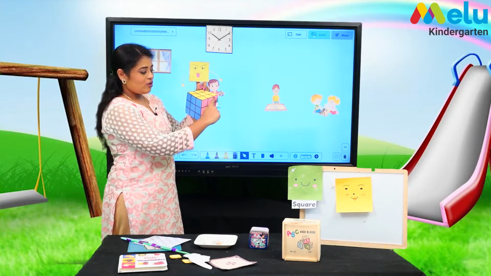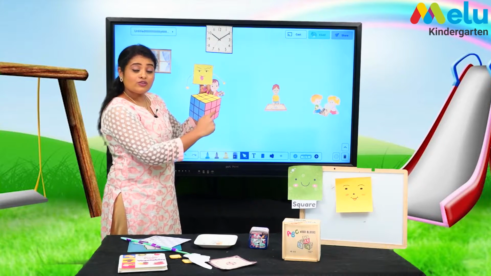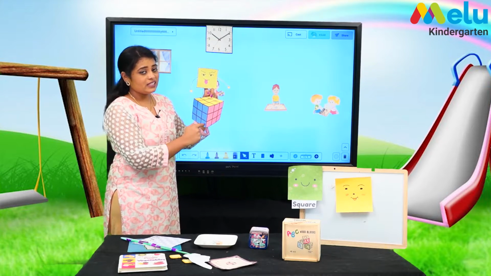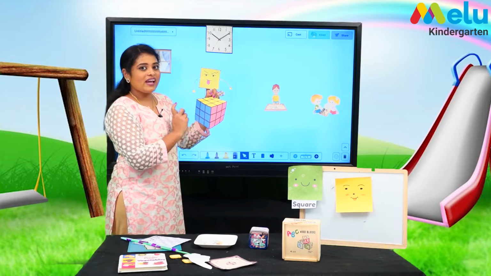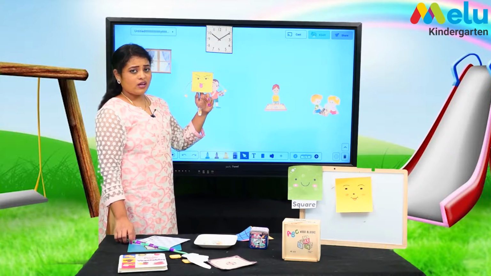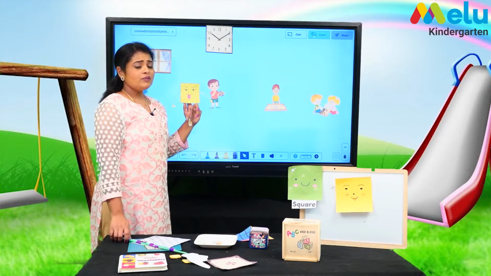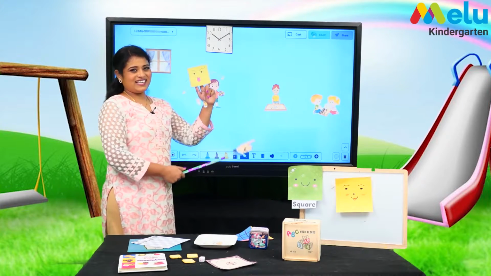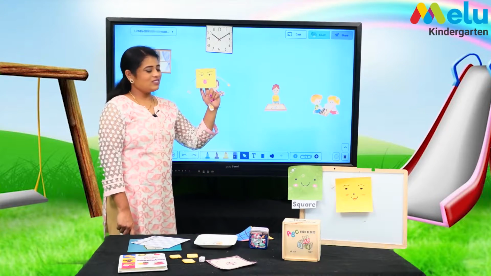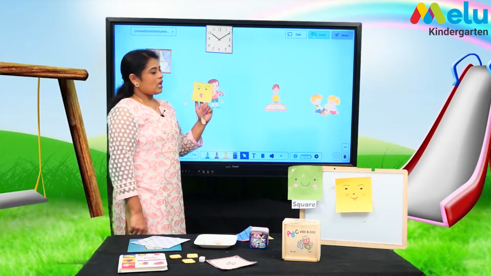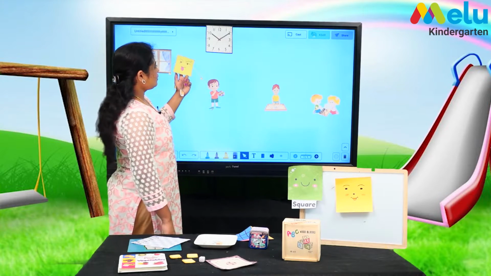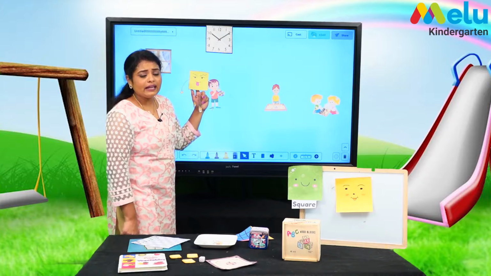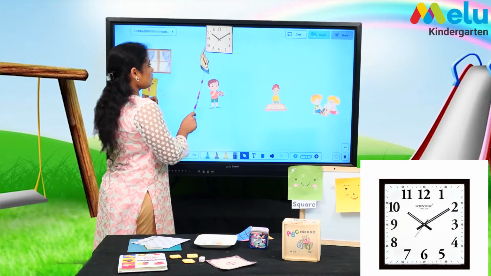Yes, children, this is the Rubik's Cube. And children, see, the face of the Rubik's Cube is in the shape of a square. So, Mr. Square, looking at the Rubik's Cube, thought the Rubik's Cube was just like him. Yes, it was just like a square. And then he looked at the wall and there he saw a clock.